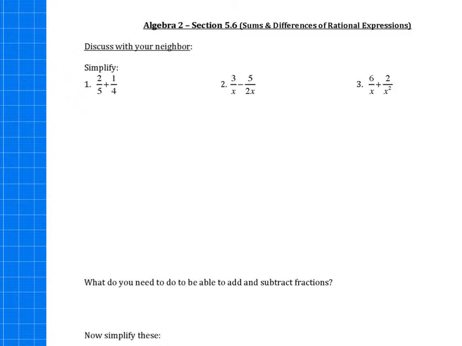All right? So how would I rewrite these two fractions? It's going to be 3 over 2x, but what do I have to do to this? Times it by 2. I need to multiply it by 2, right? Then I multiply the denominator by 2, and I get my 6 minus 5 over 2x.